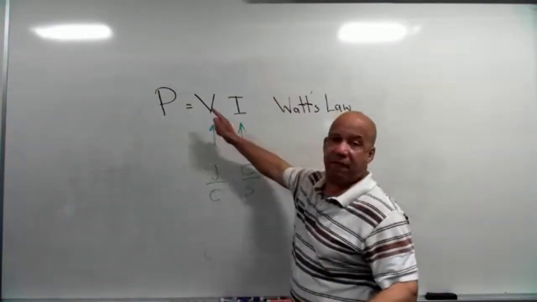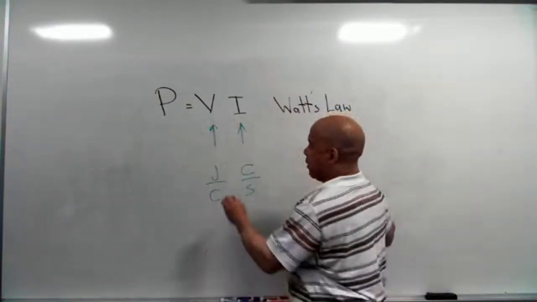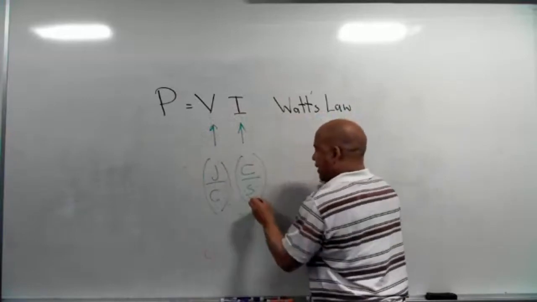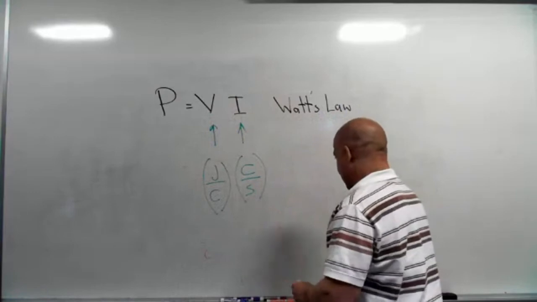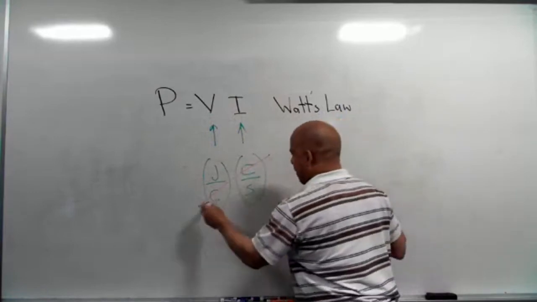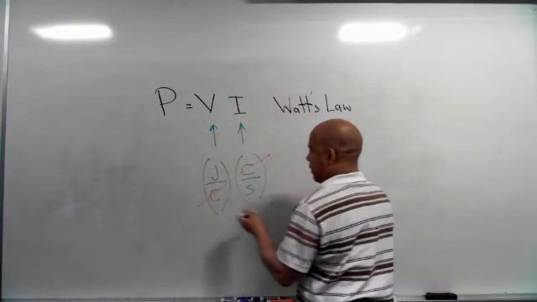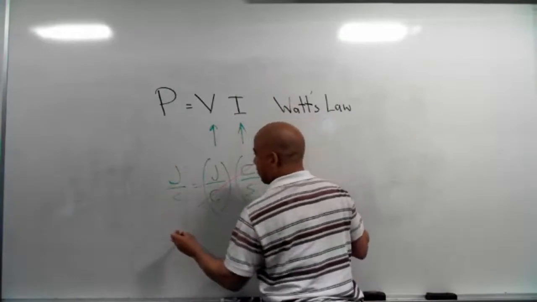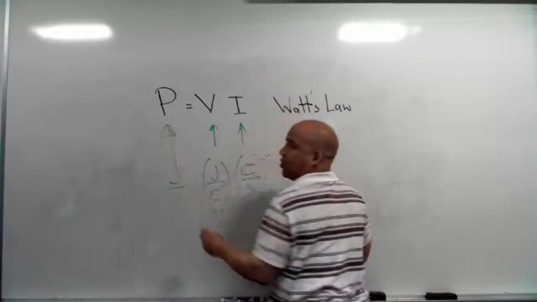So since I'm multiplying volts times current, I'm really multiplying joules per coulomb times coulombs per second. And you can see what's going to happen here. If I do that, the coulombs drop out, and I'm going to be left with joules on the top and seconds on the bottom. So that right there is the units for that quantity.